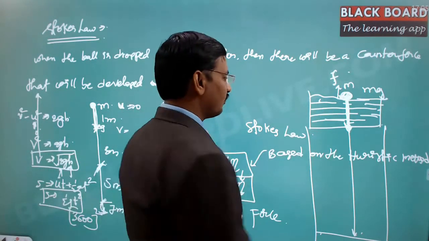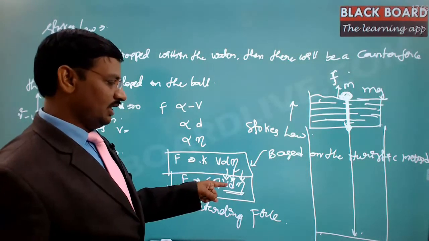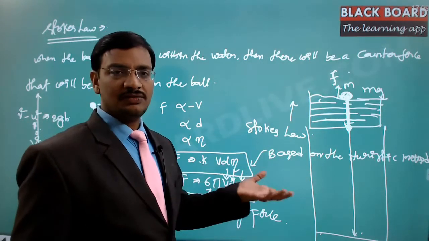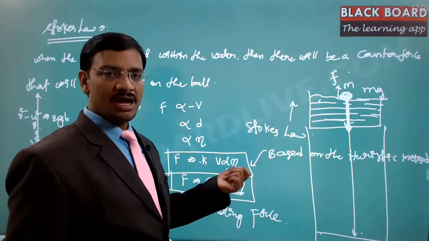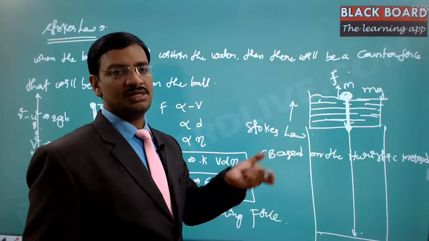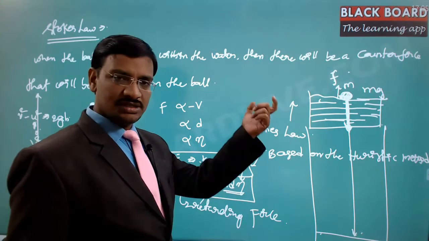So the counter force it is going to develop is 6 pi into v into d into eta, where eta is the viscosity of the air, d is the diameter of the ball, or in this particular case the water drop, which is spherical in shape, and v is the velocity with which it is falling down.